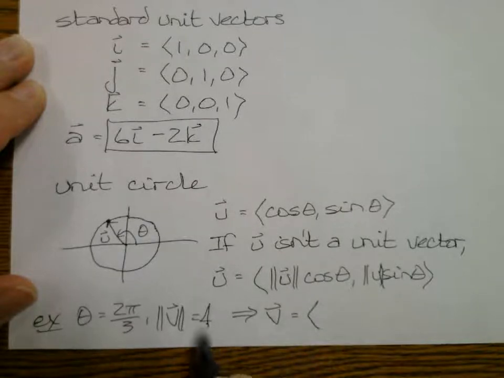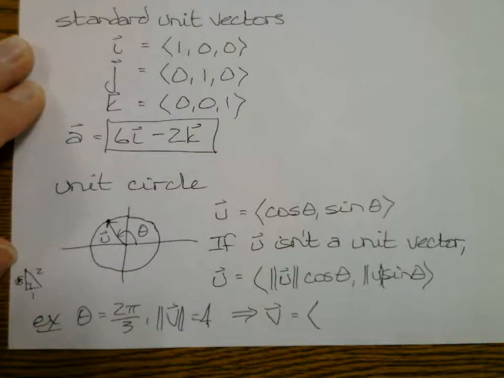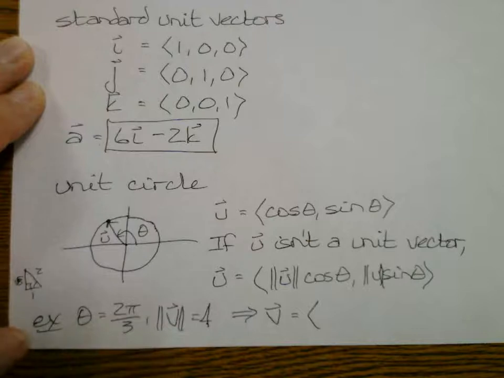So 4 times cosine of 2 pi over 3. I'm going to cheat and draw my little triangle here because I don't want to get it wrong. Cosine of 2 pi over 3 is cosine of pi over 3, except it's negative, so that's negative a half times 4.